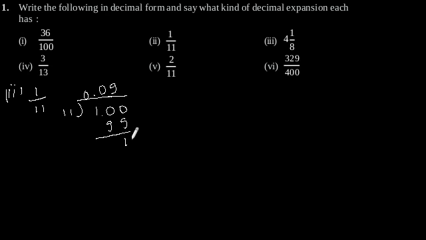Again we'll put 1 0. It is again smaller than 11, so we'll put 1 0 more. 11 nines are 99. So here we can see that 09 is repeating.